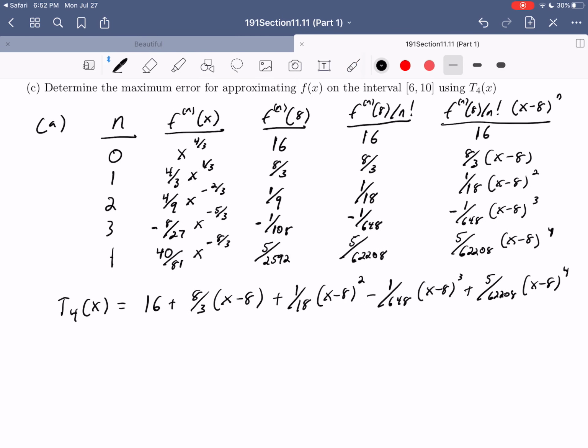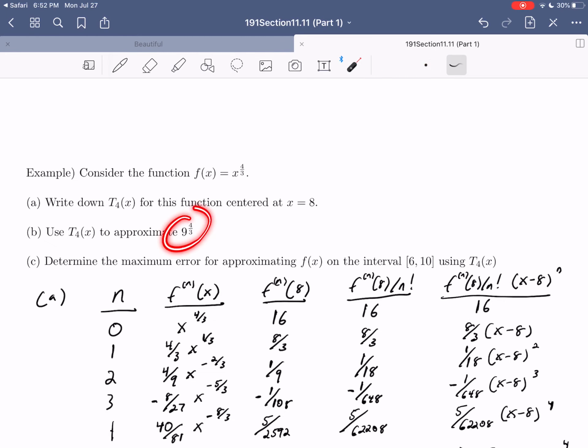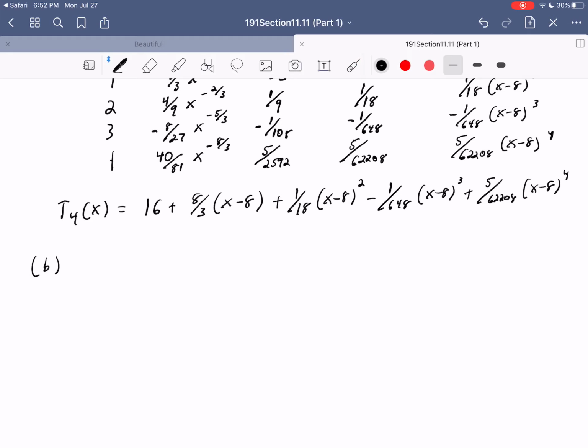All right, now let's use that real quick. So how would we actually get an approximation for 9 to the 4/3? Well, we would say 9 to the 4/3 should be roughly T4 evaluated at 9, which would be 16 plus 8/3. Since we're plugging in 9 here, all of these are going to just be 1, plus 1 over 18 minus 1 over 648 plus 5 over 62208.